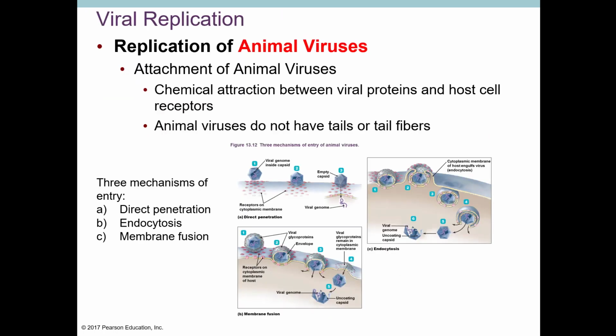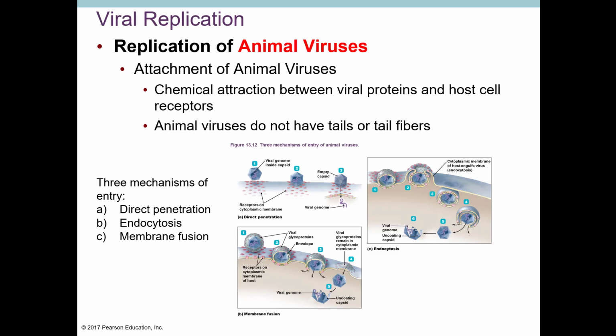So animal viruses aren't hugely different in concept. Ultimately, the virus has to enter the host cell. There are more ways that animal viruses get into host cells than the ways that phage get into their host cells, because animal viruses don't have the tail fibers.